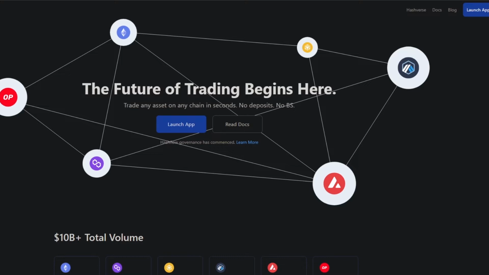Hashflow closed a funding round in July 2022, raising 25 million from Jump Crypto, Wintermute Trading, Electric Capital, Dragonfly Capital Partners, and Balaji Srinivasan. Other investors include Coinbase Ventures, Kraken Ventures, Mirana Ventures, and Jason Choi.